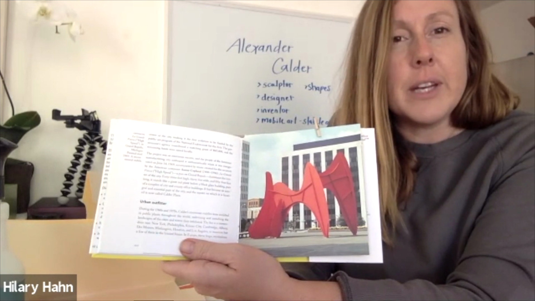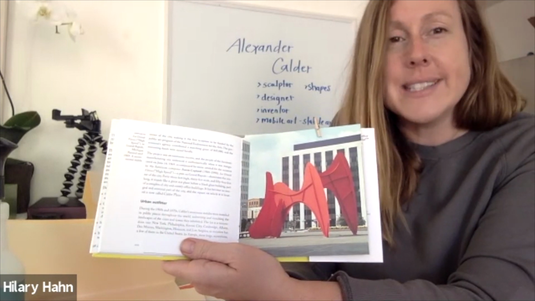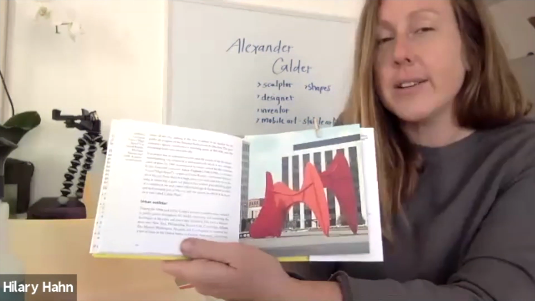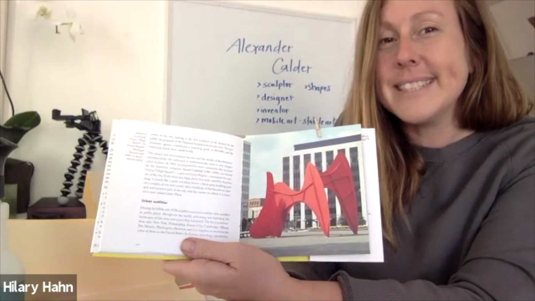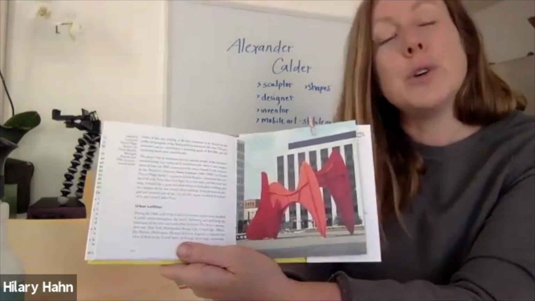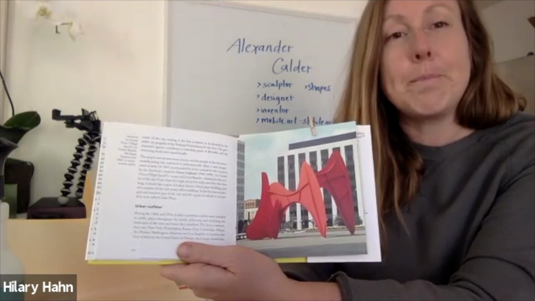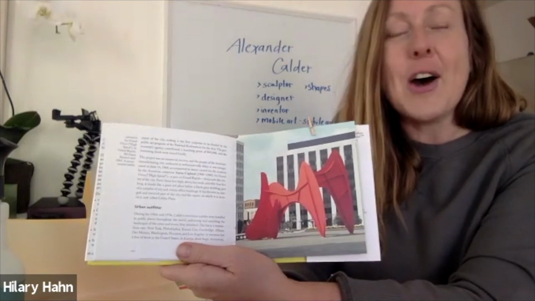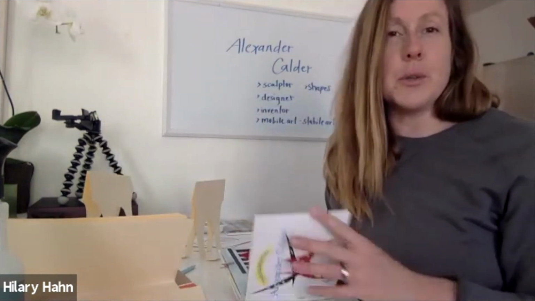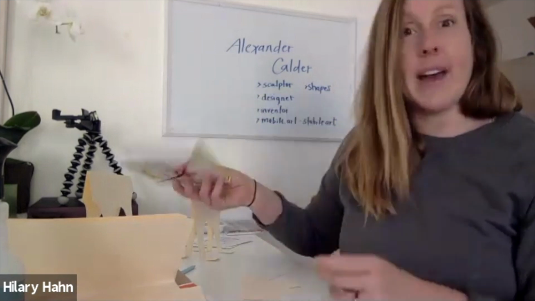So if anybody knows what that's called, go ahead and say the word for the most basic colors in art. Yes, if you said primary, that's right. So you'll notice that the stabile sculptures are red, blue, and yellow, often black or white. So I'm gonna do my elephant with that in mind.